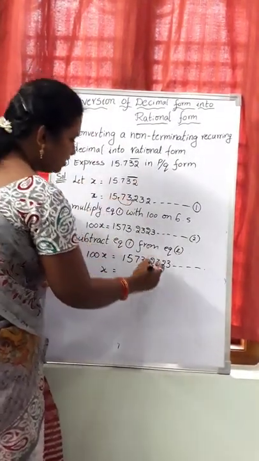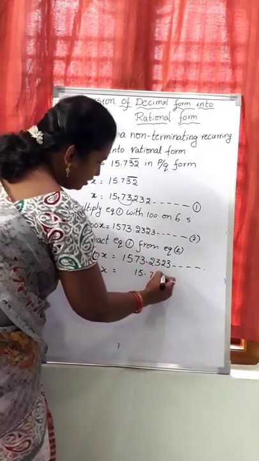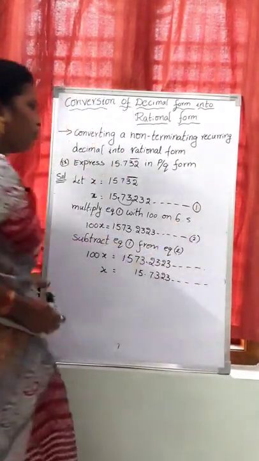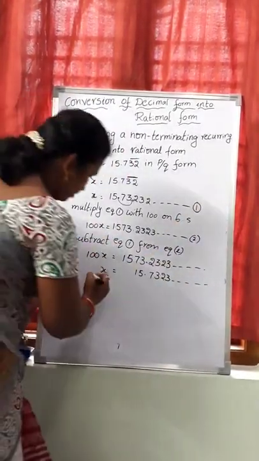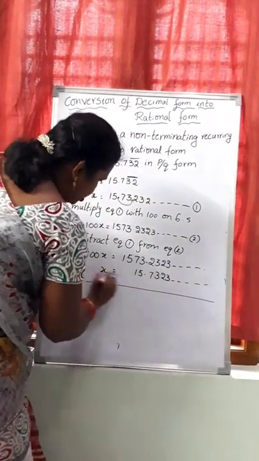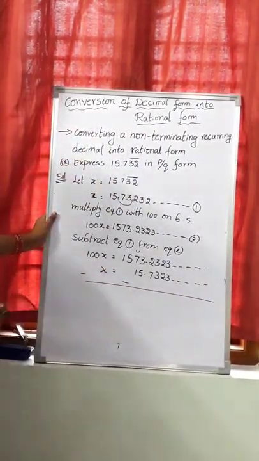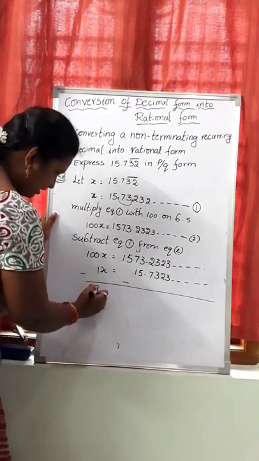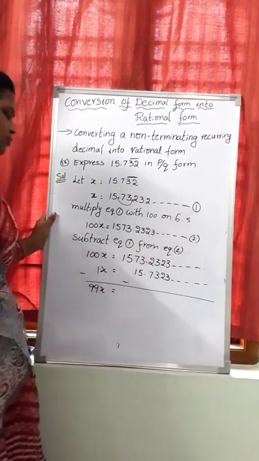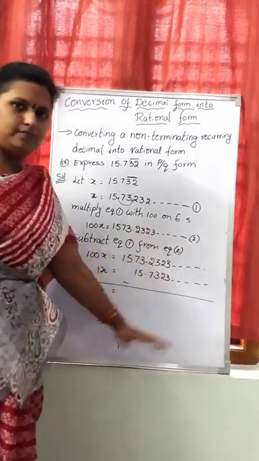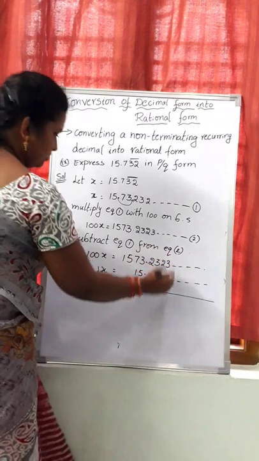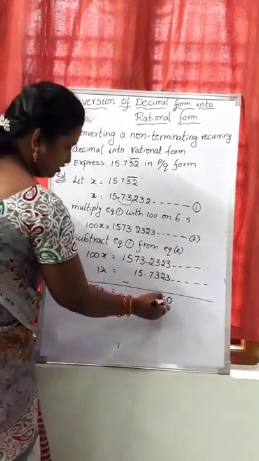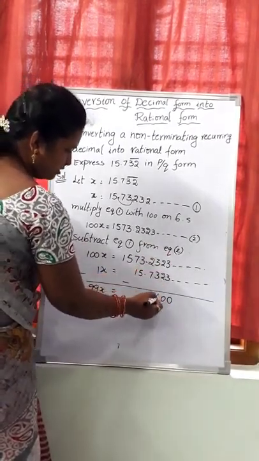Now do the subtraction on both sides. Here 100x minus 1x is 99x. And start the subtraction from the decimal part onwards: 3 minus 3 is 0, 2 minus 2 is 0, and 3 minus 3 is 0.